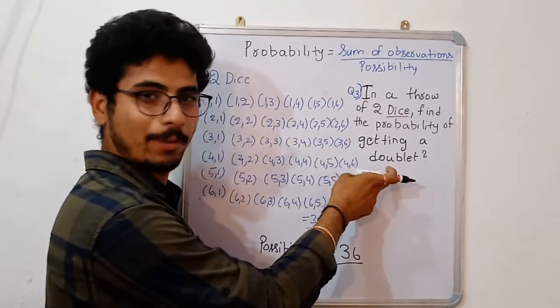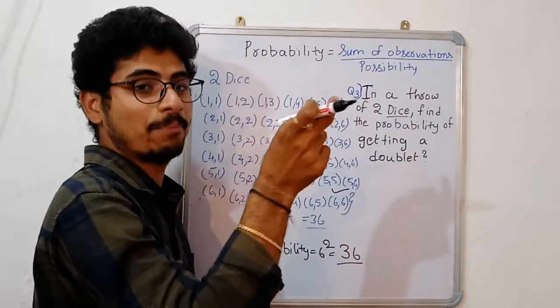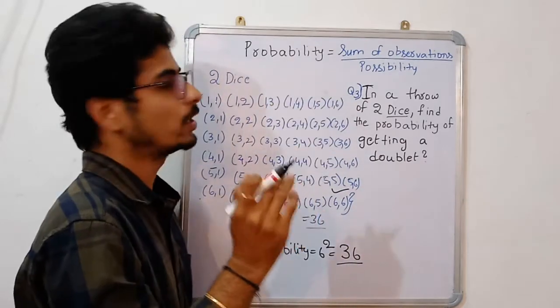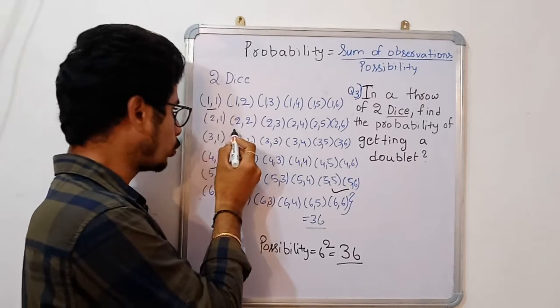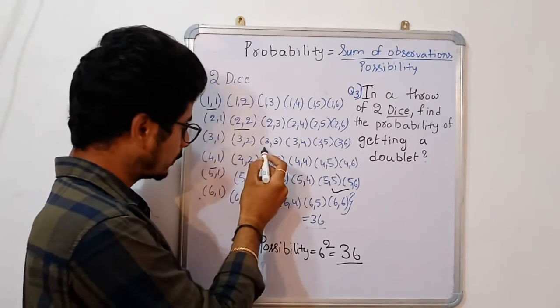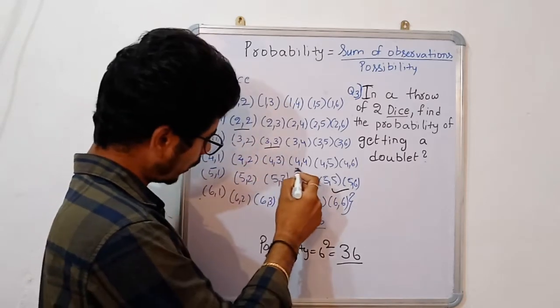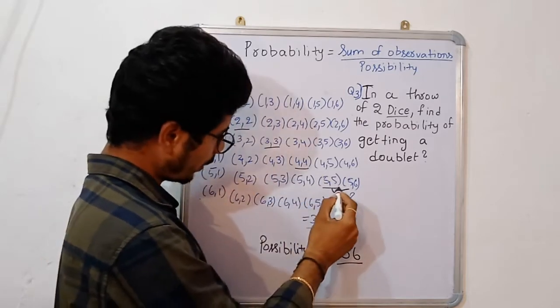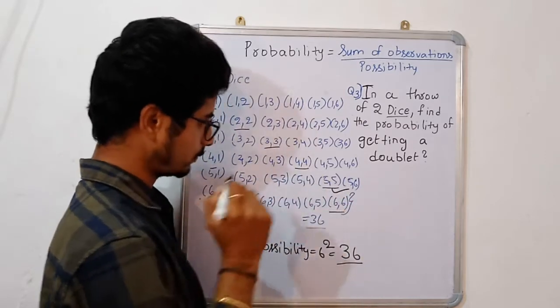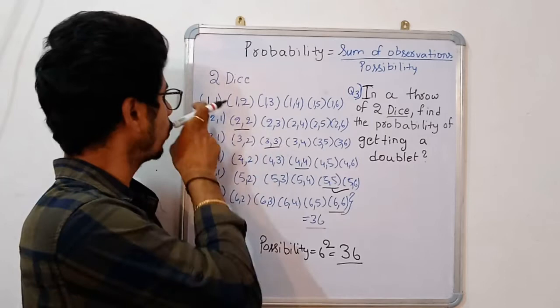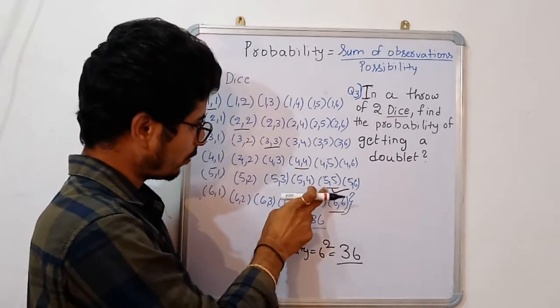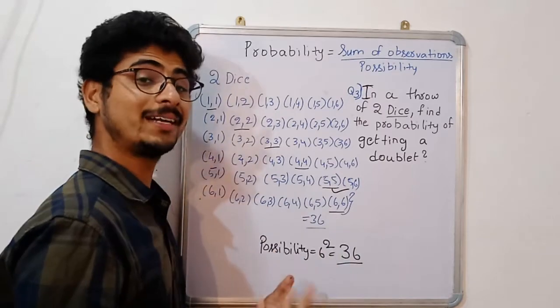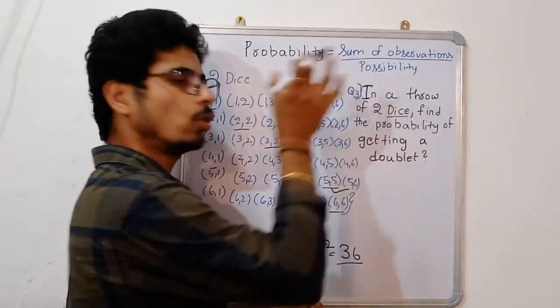So as I said, the doublet is nothing but getting the same number on both the dice, right? So let's see, we have 1 and 1, 2 and 2, 3 and 3, 4 and 4, 5 and 5, 6 and 6. These are the doublets when we throw 2 dice.